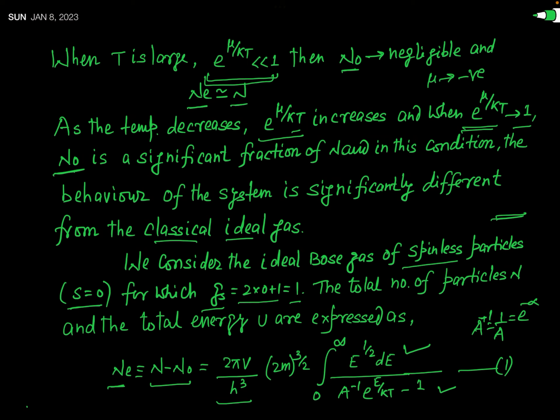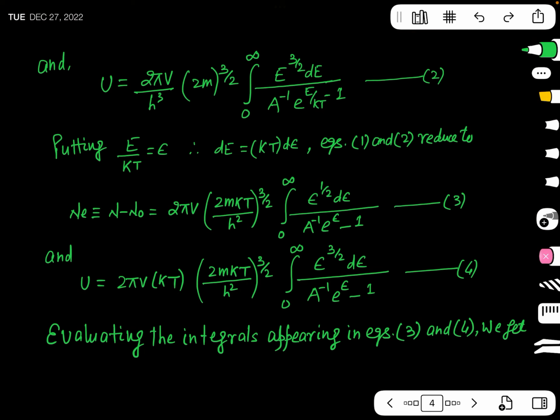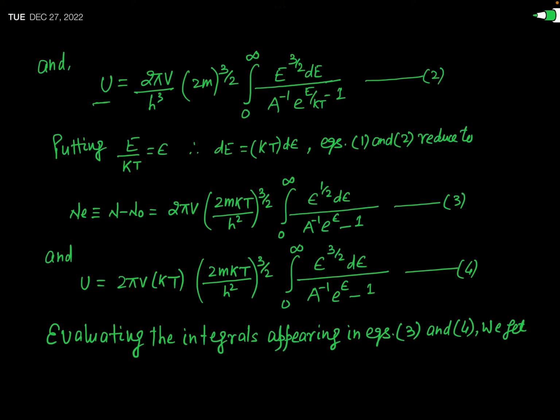And in the similar manner, you can also write the expression for the total energy of this system, which is given by 2 pi V over h cube times (2m) to the power 3 by 2 integral from 0 to infinity E to the power 3 by 2 dE divided by A inverse e to the power E by kT minus 1.